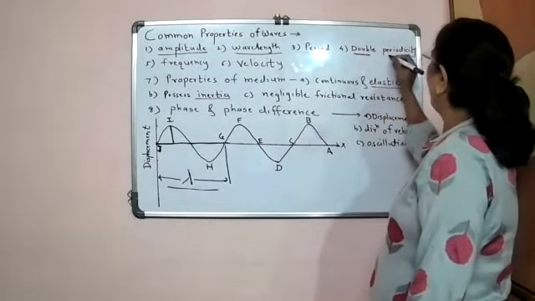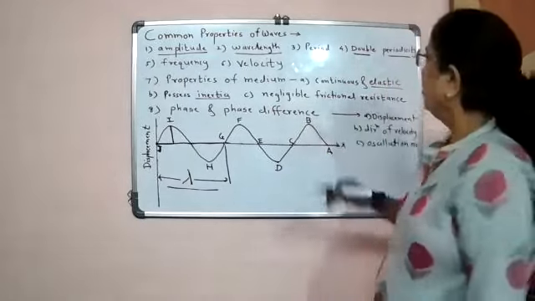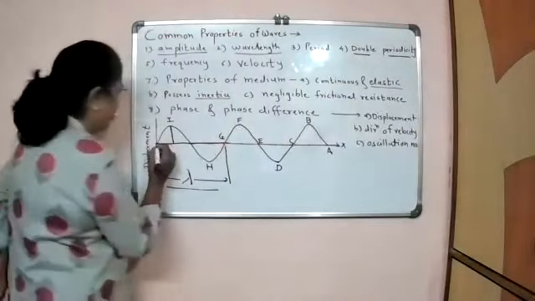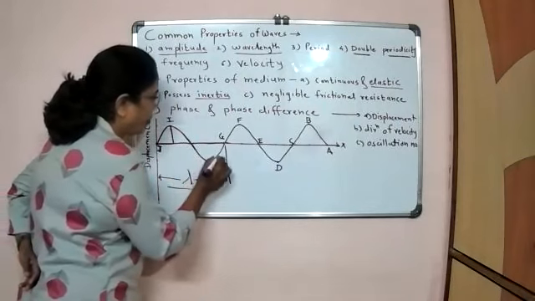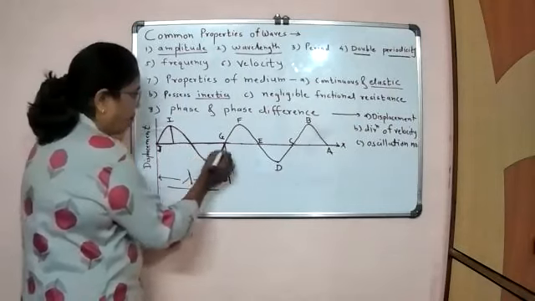Next property is double periodicity. So what is double periodicity? See, this is the form of the wave, and this is one wave.